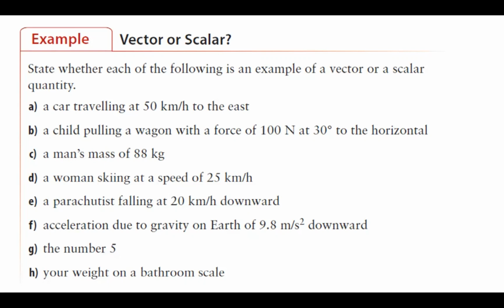Then a man's mass of 88 kilograms. Next, a woman skiing at a speed of 25 kilometers per hour. Then a parachutist falling at 20 kilometers per hour downward. Then acceleration due to gravity on Earth of 9.8 meters per square second downward. Then the number 5, and last, your weight on a bathroom scale.